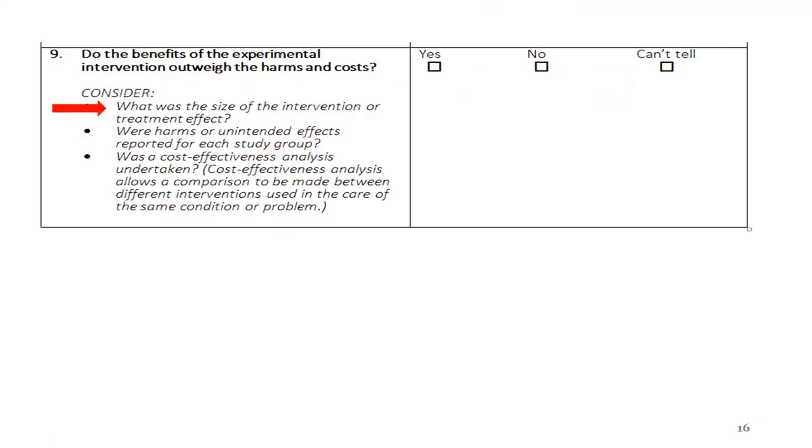So the next question is, do the benefits of the experimental intervention outweigh the harm and cost? So to say yes, no, or can't tell, we have to consider the following questions. First is, what was the size of the intervention or treatment effect?